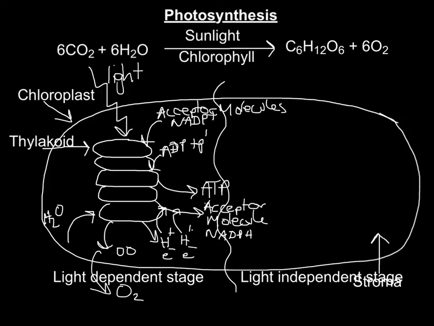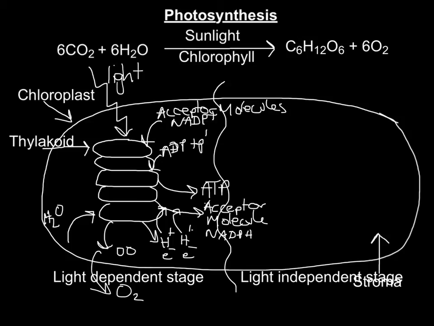So just to recap there, we know photosynthesis, one of the inputs is water, so we can now see water is actually used in the light dependent stage. Photosynthesis requires sunlight and chlorophyll, and you can also now see that sunlight and chlorophyll are required in the light dependent stage, hence its name.